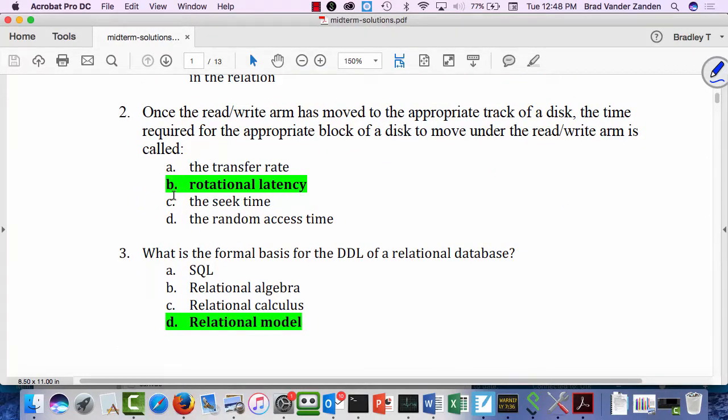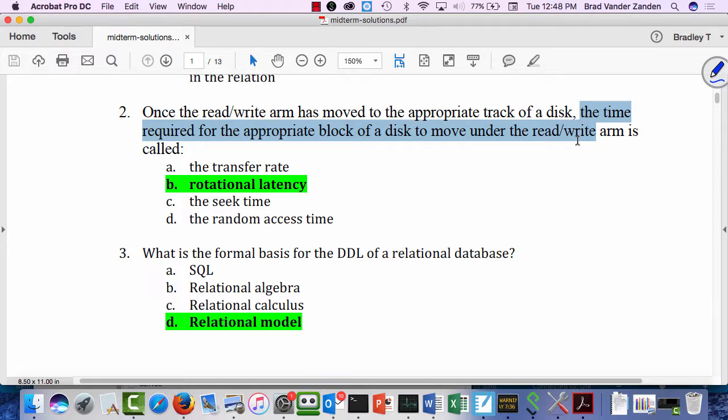A bunch of you confuse seek time with rotational latency. The seek time is the time it takes for the read-write arm to move to the appropriate track. The rotational latency is the time required for the appropriate block of a disk to move under the read-write arm.